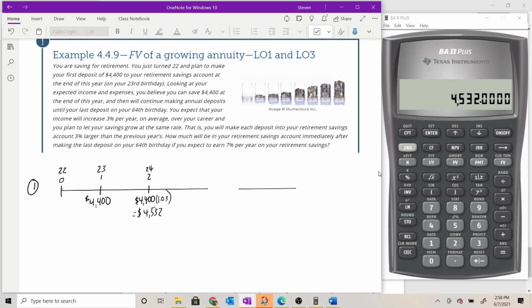Let's just draw a few of these out. 3 years from today, on our 25th birthday, we want our deposit to grow again by 3%. So it's going to grow by 3% over the first year and then by another 3% over that following year. So that original $4,400 deposit is going to grow by 3%, 1.03, twice at this point, 3 years from today.